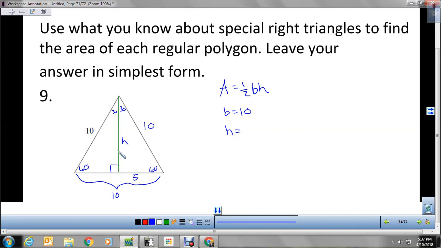This is 5, which means our apothem, or the height, is 5 radical 3. So now 1/2 base 10 times the height of 5 radical 3. Half of 10 is 5, and 5 times 5 is 25 radical 3.